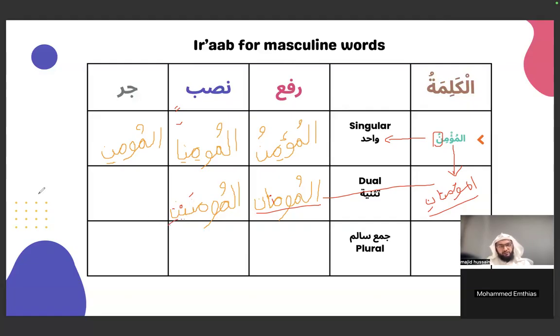Al-mu'minaini. And in the state of jar, it's also going to be the same. Same thing. Okay. Now, what about the plural?